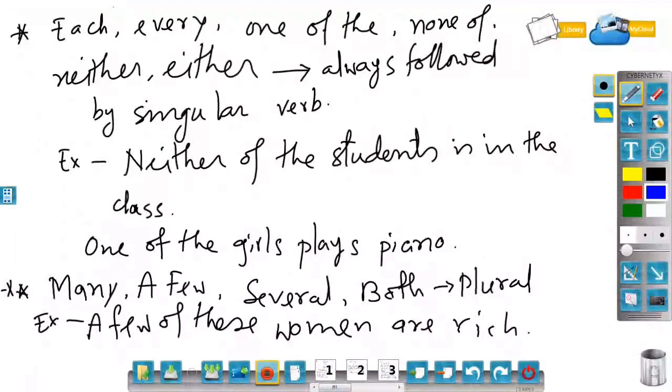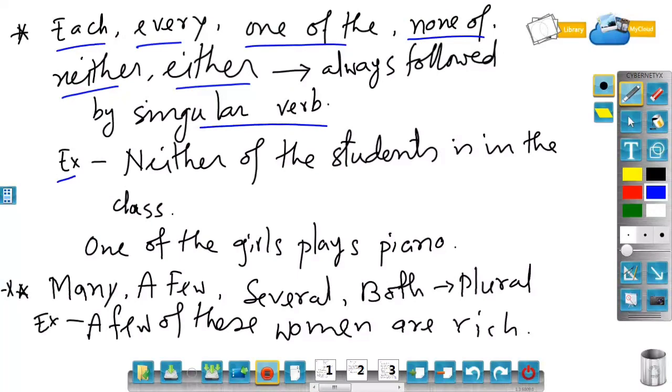Next, each, every, one of the, none of, neither, either. These are always singular in sense, so they will have only a singular verb. Example, neither of the students is in the class.